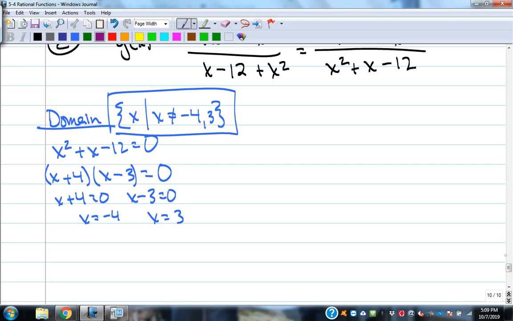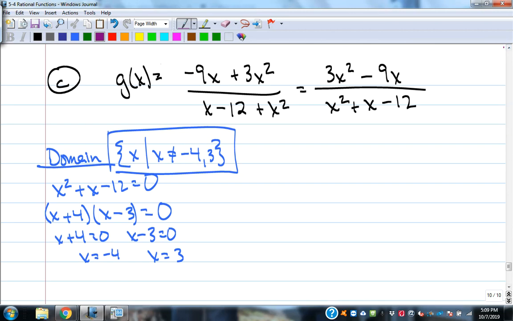And then what do I do next? Holes. So to find holes, I've got to simplify. So I'm using the factored form, so that x plus 4 and x minus 3. And then the numerator, how does it factor?